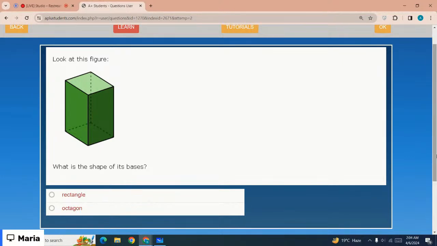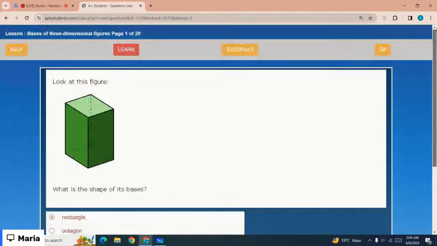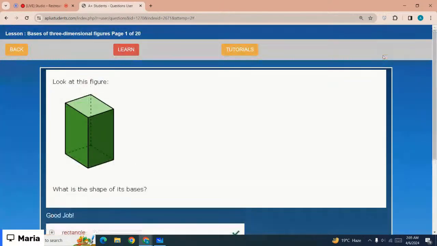That is a rectangle, right? The correct one is a rectangular prism. So the bases are rectangles.